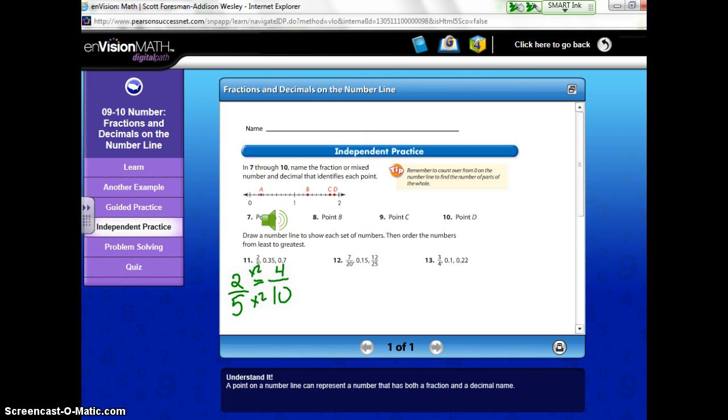Okay, so do you know how to write that as a decimal? How? 0.4. So we have 0.4, we have 0.35, and 0.7. Why can't we compare those? All right, why can't we compare these fractions, Dathan? That's right. This one has 2 spots and the others don't.